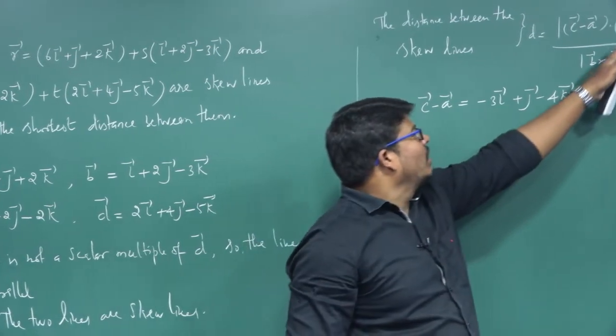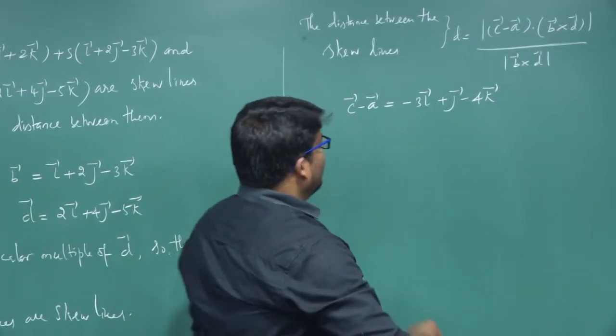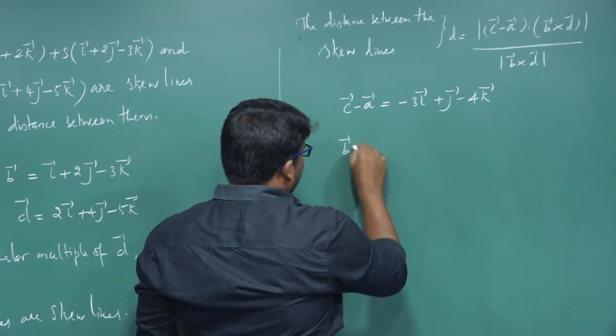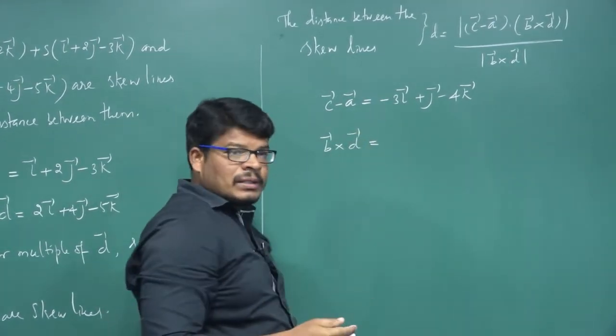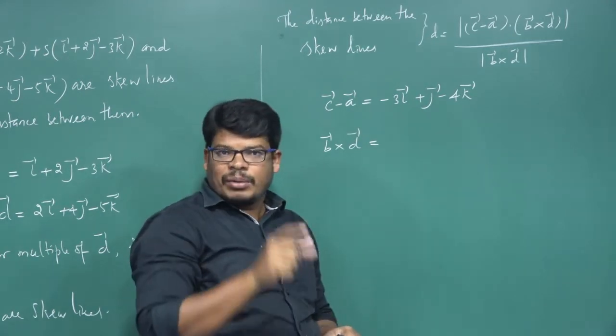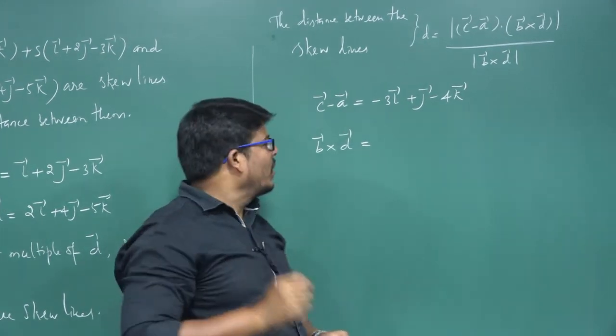Next, find B vector cross D vector, the vector product of two vectors, by using the determinant form.